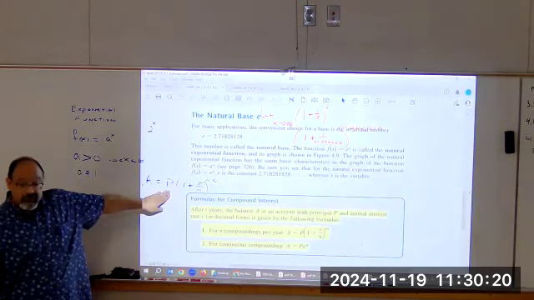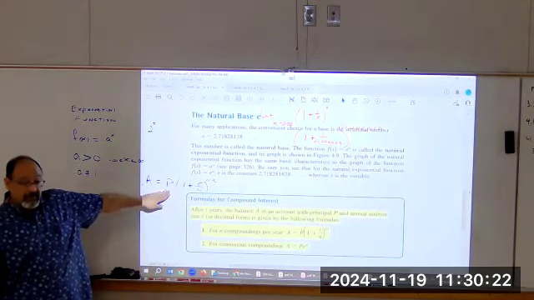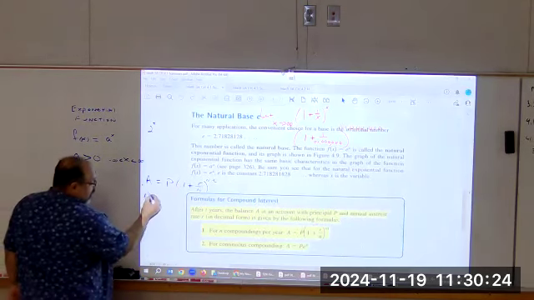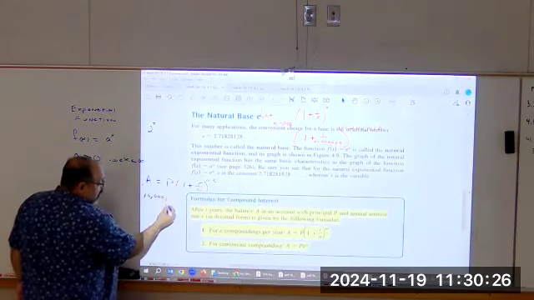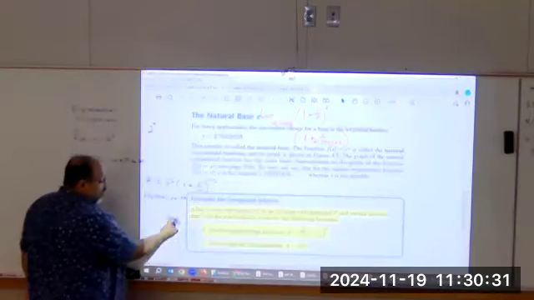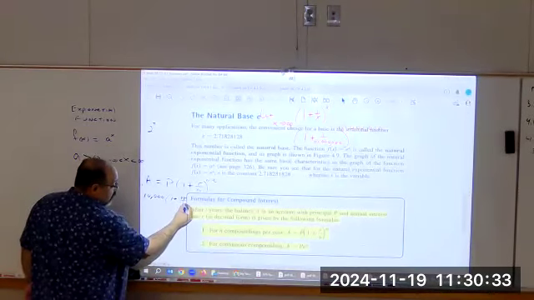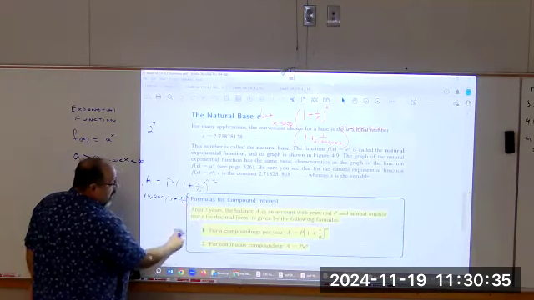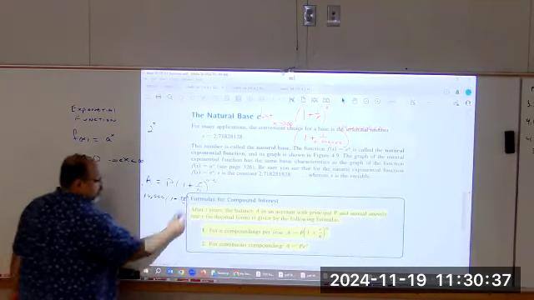So if you make a $10,000 investment at 8% interest, $10,000 times 1 plus 8%, which is 0.08, and it's compounded quarterly, so that would be 4 times a year. How much would it be worth in 20 years?